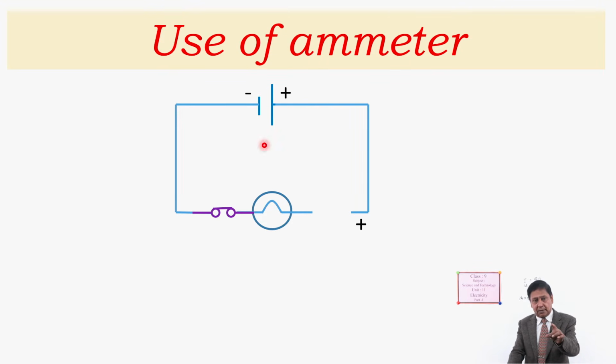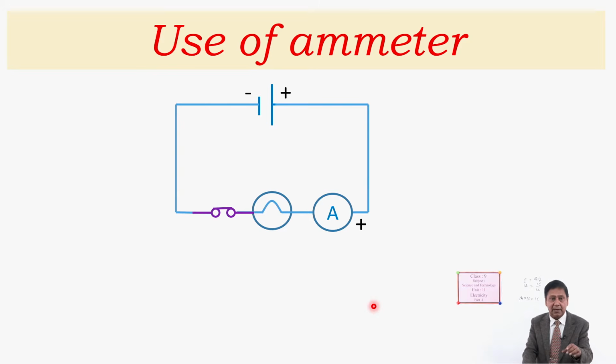The wire coming from the positive terminal of the cell or battery should be connected to the plus symbolized wire connecting point of the ammeter, and the wire coming from the negative terminal of the cell or battery should be connected to the minus symbolized wire connecting point of the ammeter. And this way we can now measure how much current is flowing.